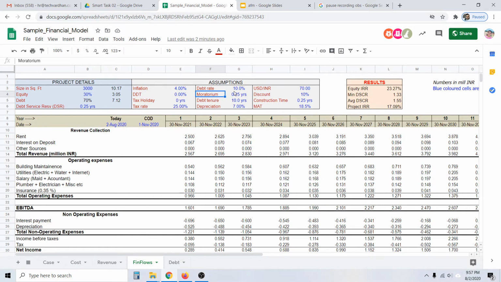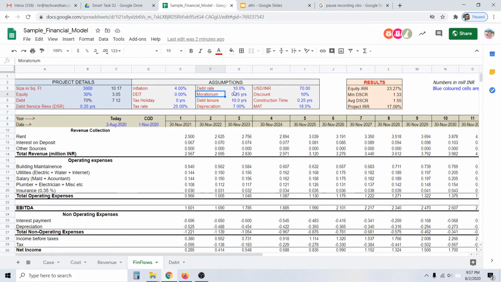That is fine, but we cannot pay you back this interest or the principal amount until my project is ready. It takes 6 months, or maybe 1 year, to get the project ready. So the bank says, okay, what do you want to suggest?